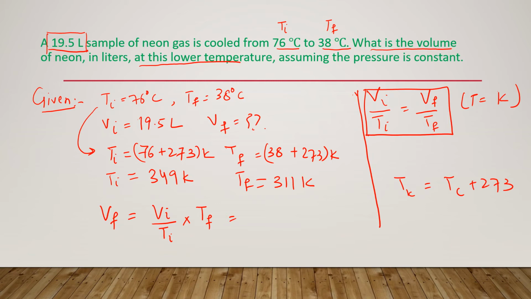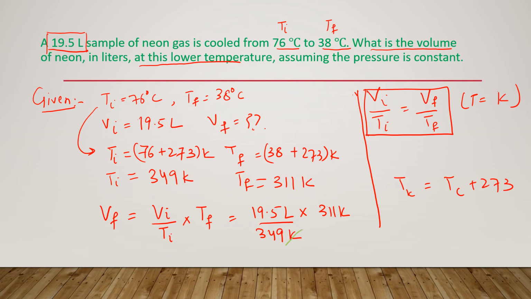Now let's plug in the values. V initial is 19.5 liters multiplied by T final, which is 311 Kelvin, divided by T initial, which is 349 Kelvin.